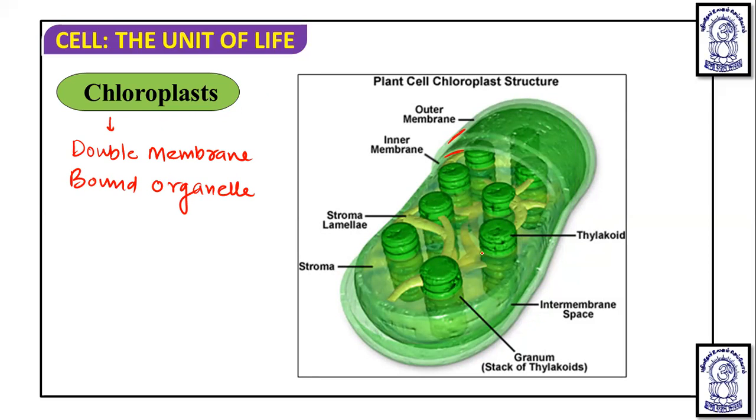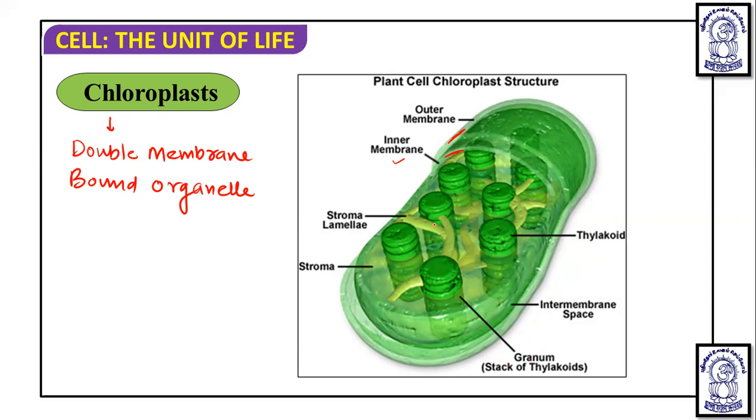Okay, then you will see that the thylakoids are there. Thylakoids are present in the form of a pile-up, and this pile-up of thylakoids is known as a granum. That is a stack of thylakoids. Now, all these thylakoids are formed due to the folding of the inner membrane. The plural term for granum is grana.